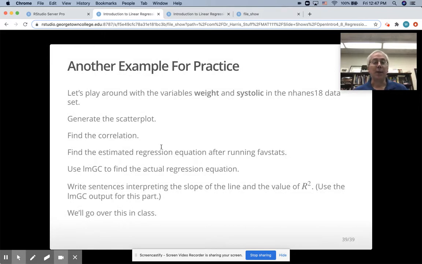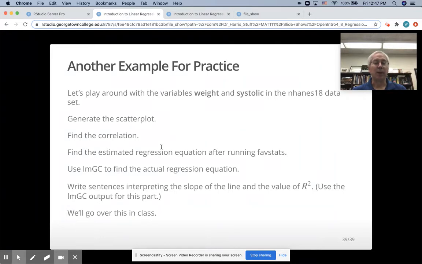And then finally, another problem for you to work on in advance of our getting together is to look at the variables weight and systolic in the NHANES 18 data set and do all the work that we've done here: getting a scatter plot, finding the correlation, using our formulas for estimating the regression equation, then using LMGC to find the actual regression equation, and writing sentences that interpret the slope and the value of R squared.